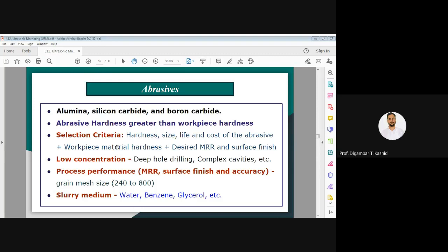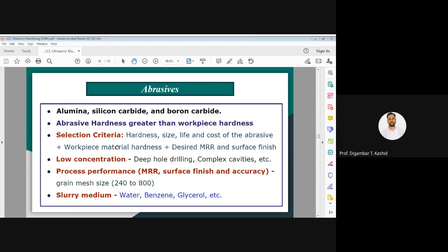That is very important to know while selecting the abrasive. It should also take into consideration the desired material removal rate and the surface finish. Low concentration of abrasive is recommended for deep drilling or complex cavity.